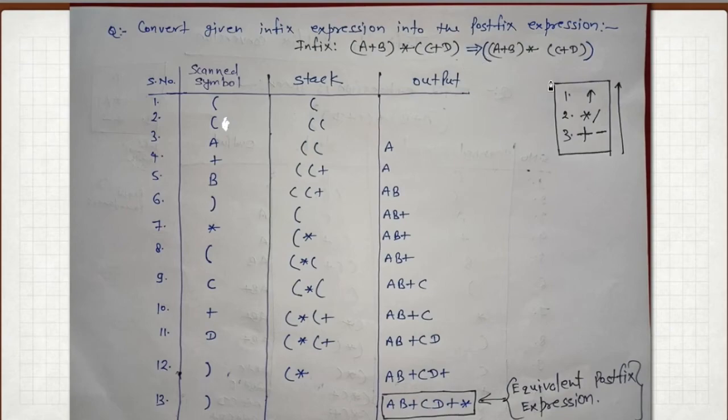And here I have written some symbols, right? This is the exponent operator, this is multiplication, this is division, this is plus and minus. So everyone knows the precedence, or you can say the priority, during solving of the problem, right? Exponent always has the higher precedence, right? If this exponent symbol is in any expression, then that will be evaluated first.